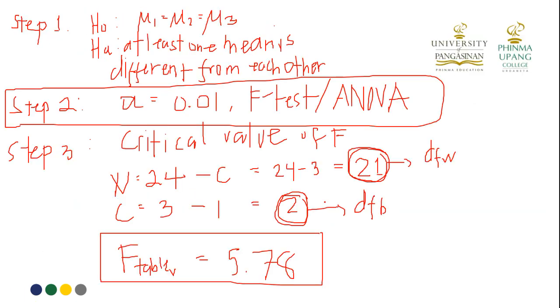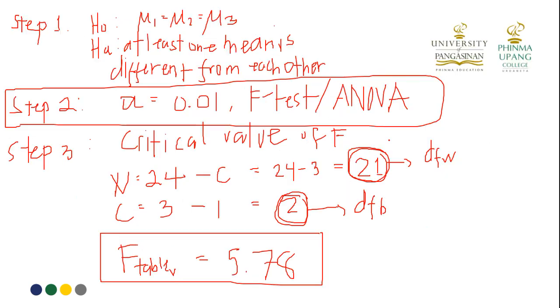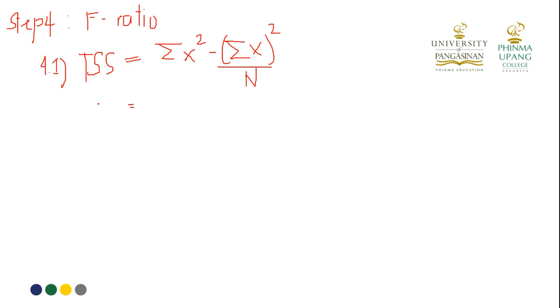So, sabihin nyo dito kanina, ang summation of x squared is 333.15, di ba? So, sir, what is TSS? The total sum of squares.